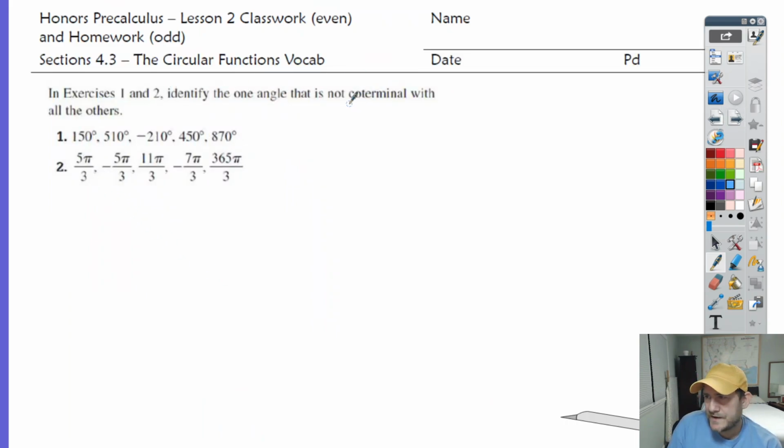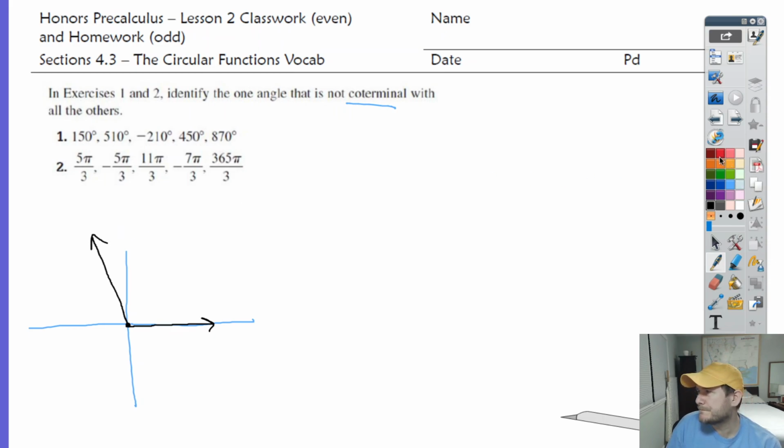So going back to this idea of coterminal, the easiest way to think of coterminal, in my humble opinion, is if I had an angle, how about 100 degrees? Well, that is a counterclockwise rotation. Maybe the simplest coterminal angle would be the clockwise rotation that lands me in the exact same spot.